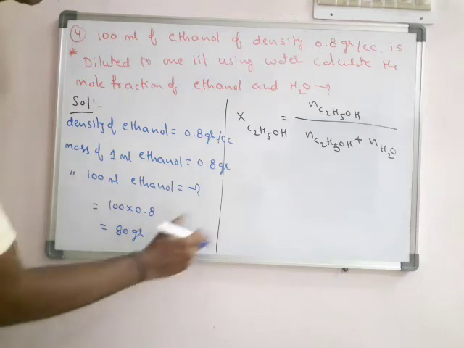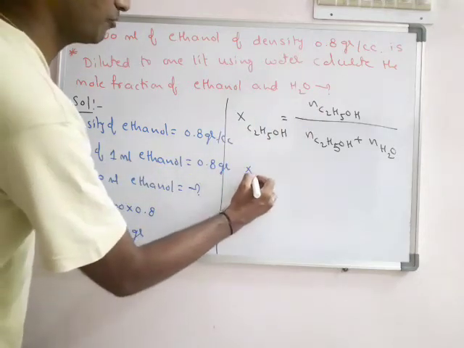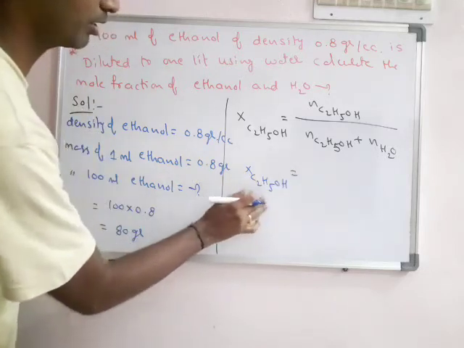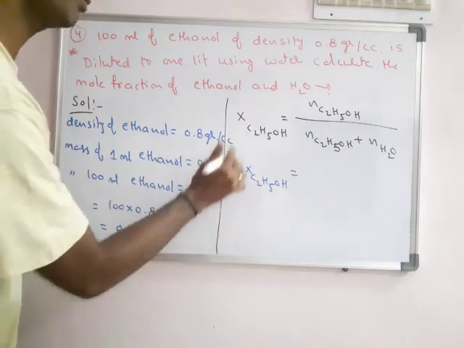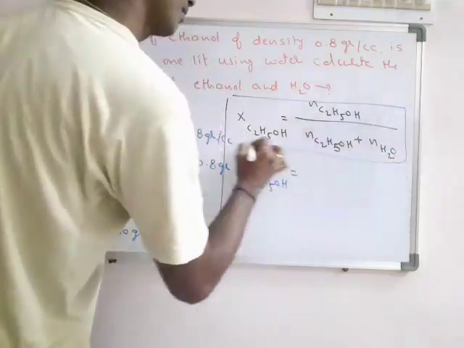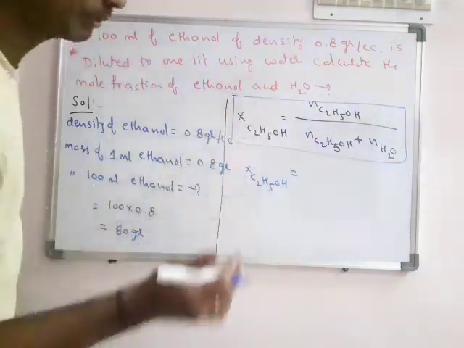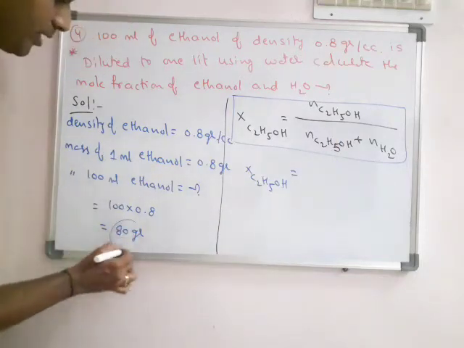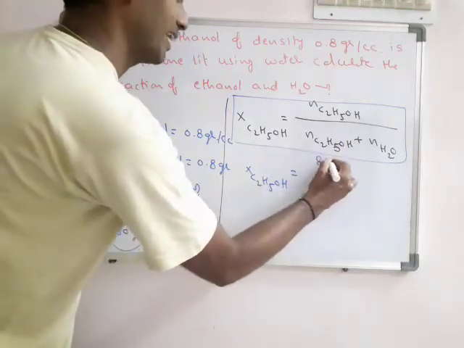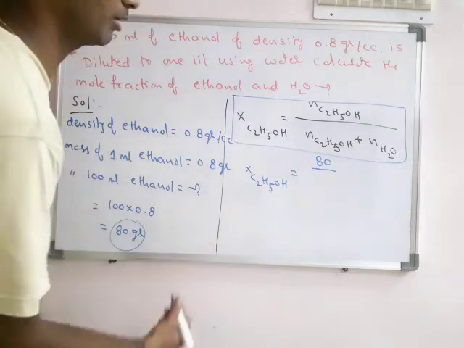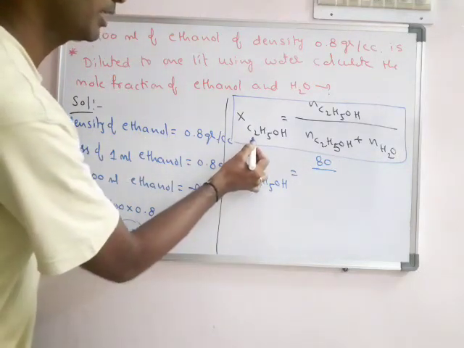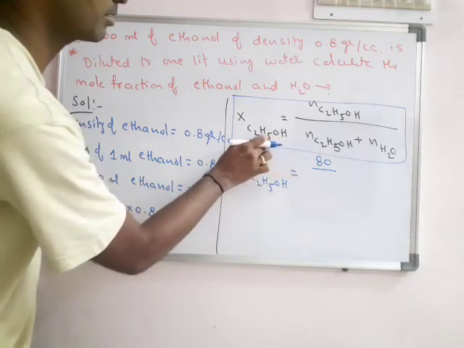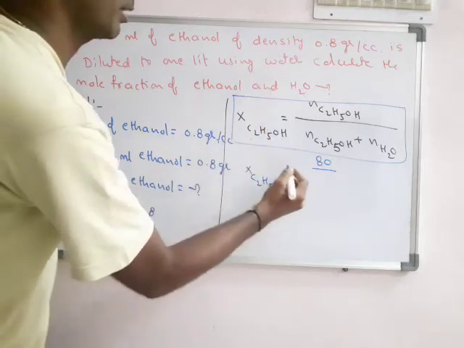After this calculation we have to substitute. Therefore the mole fraction of ethyl alcohol equals, in continuous steps, number of moles, that is weight by molecular weight. The weight we got is 80 grams. What is the molecular weight of ethyl alcohol? Ethyl alcohol has 2 carbons, that is 24, plus 6 hydrogens, 30, and oxygen 16, which gives 46.